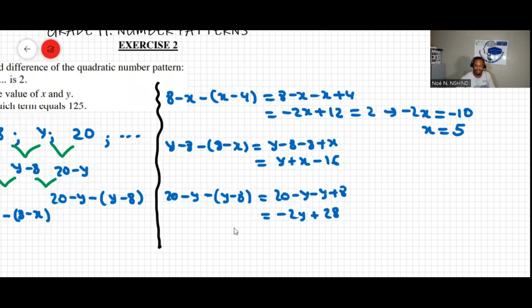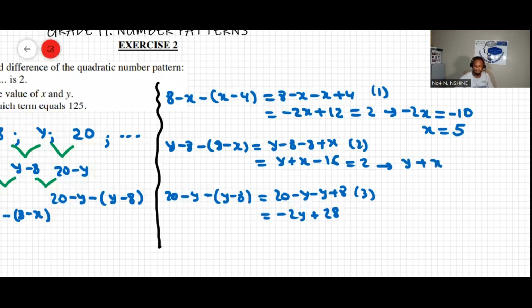Now, with x equal to 5, over here y plus x minus 16 is also equal to 2.